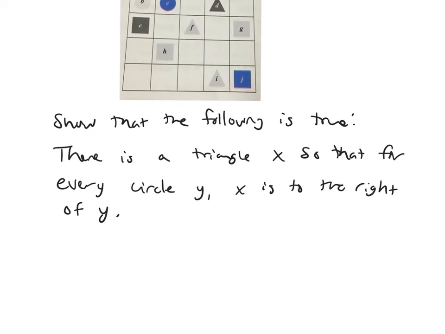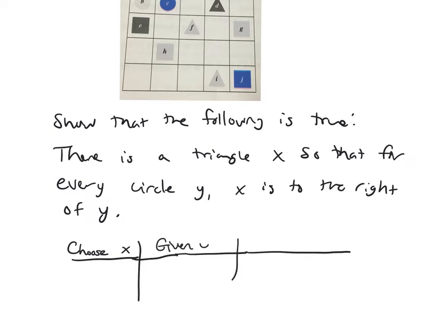So here you're choosing a single value for X. We're going to use our table like we did before, but now this first column will just have one entry. And we have to find, given Y, and what is the condition here?